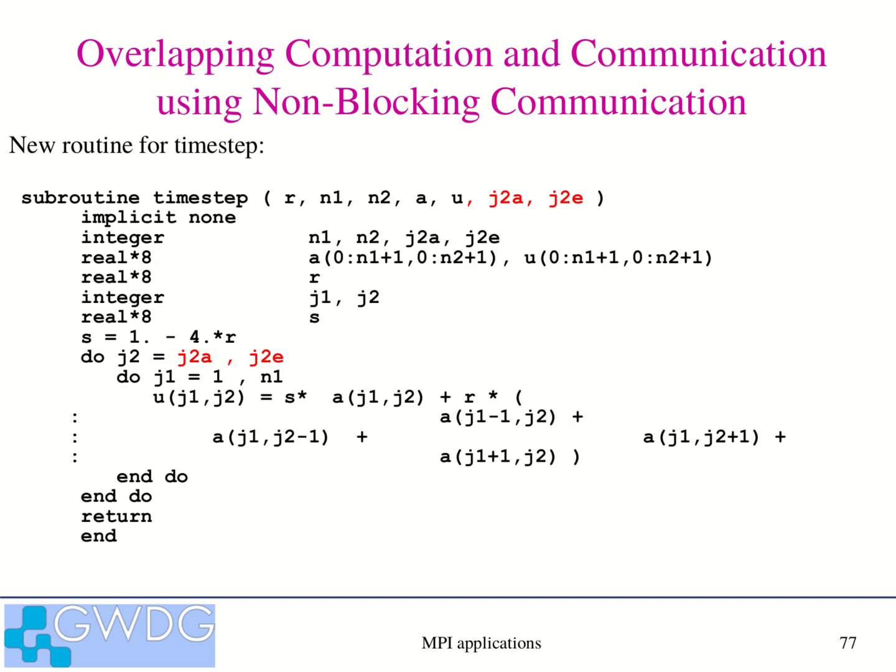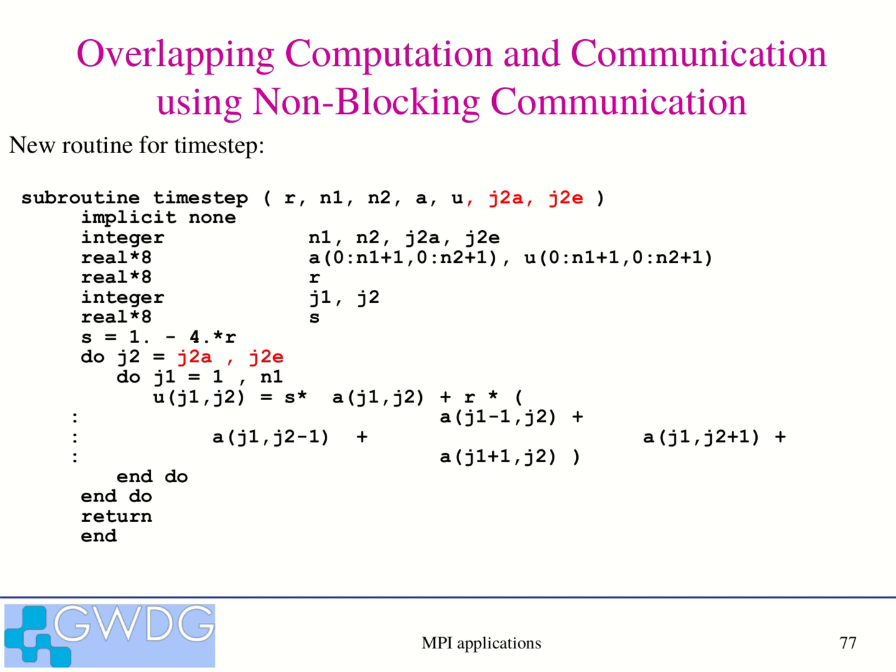Then the time step. I use a more general routine for the Zeitschritt, or time step, which tells me which columns should be updated, because I must differentiate between column 1 and the last column NL and the rest of the columns.